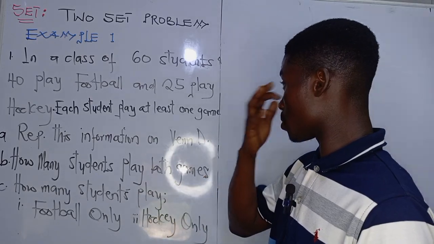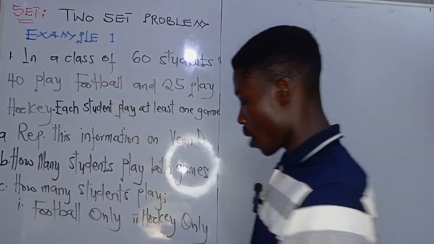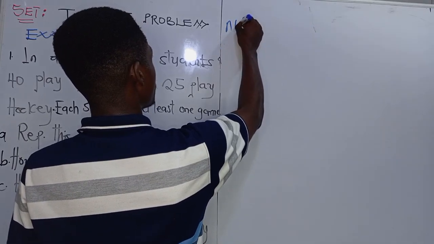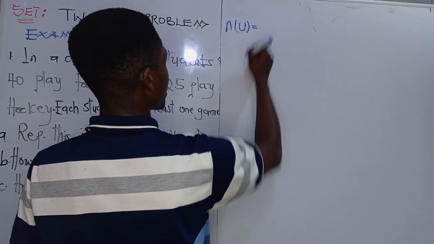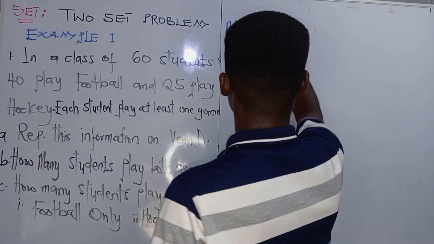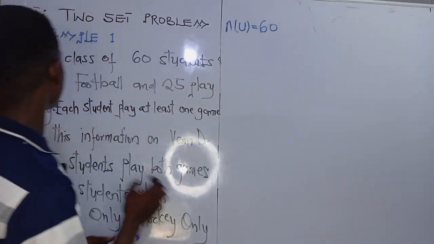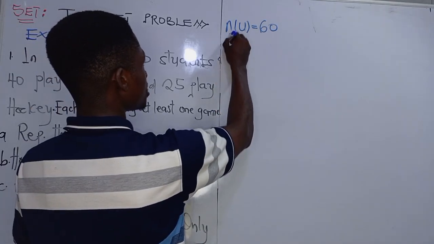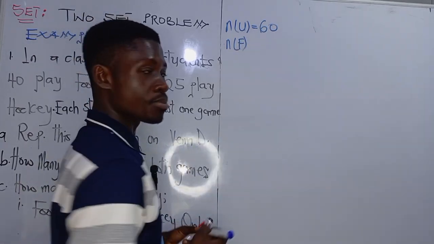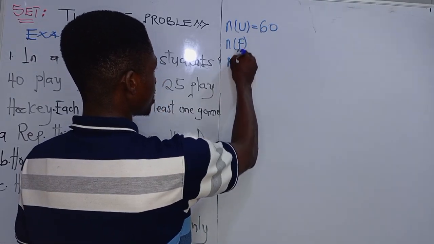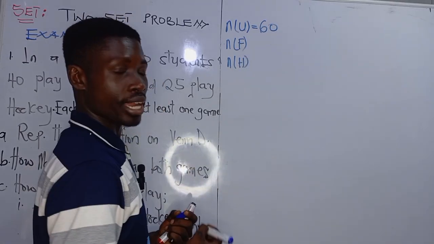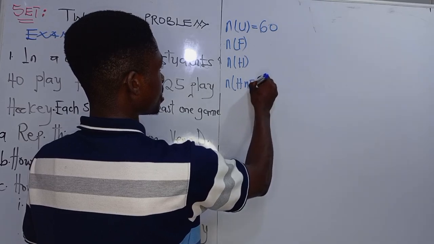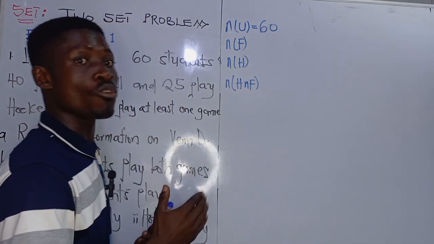So the first one is what? In a class of 60 students, so we have the number of students in the class. We have how many students? We have 60 students. Then we also have 40 students who play football. So for the number of students who play football, let F represent football. Let H represent hockey. And then let H intersection F be the number of students who play both games, right?